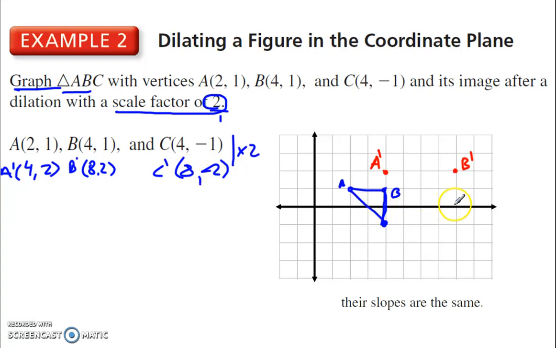And C prime, 8 and negative 2. Okay, if you can see here, right, that's on the line right there. These 2 points are on one line, and the C's are on one line. So there's our dilation.